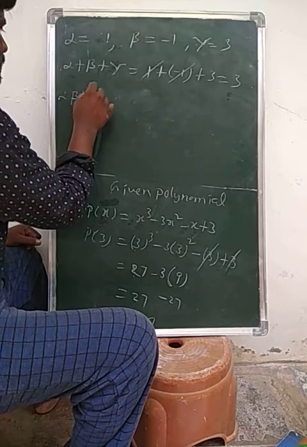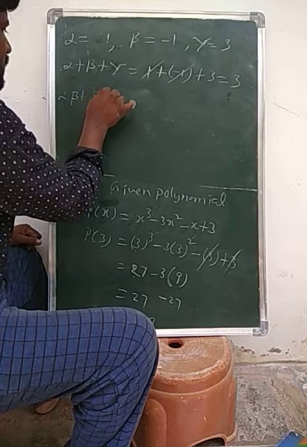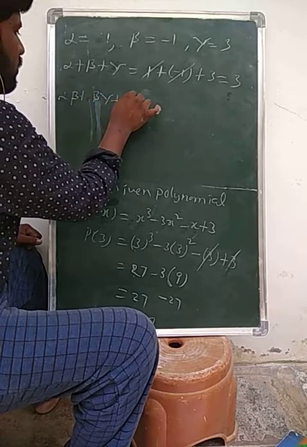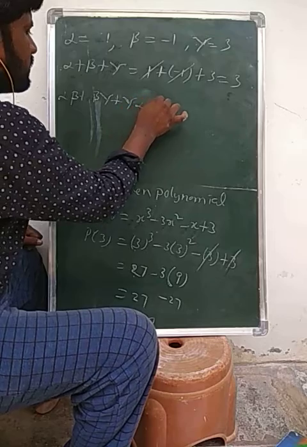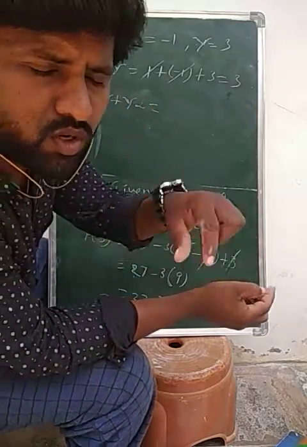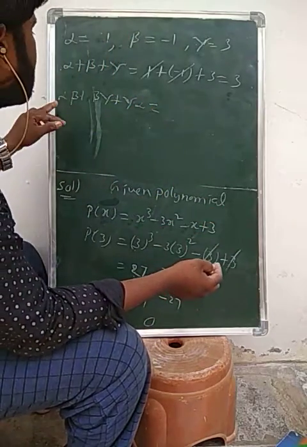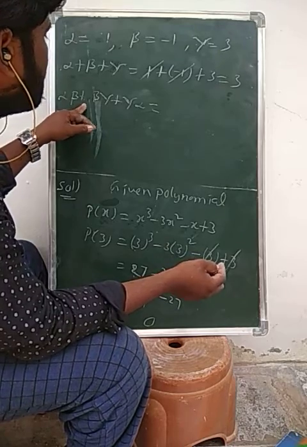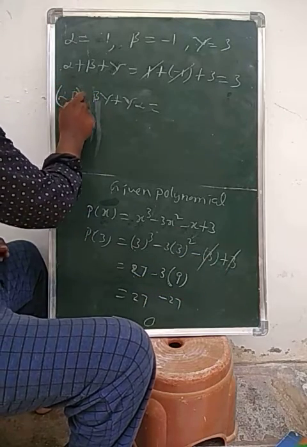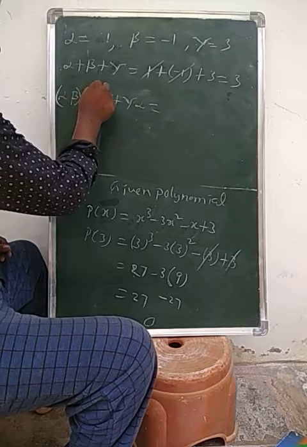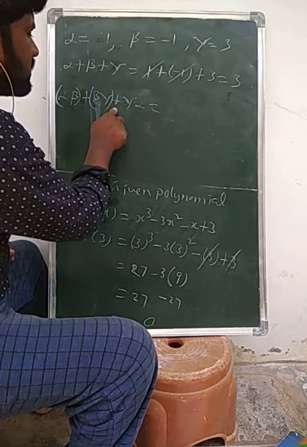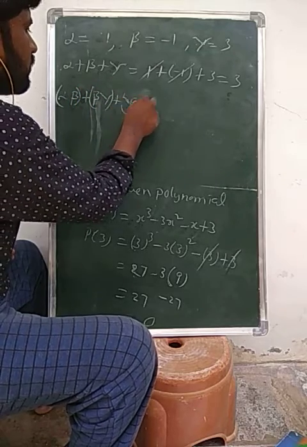And the sum of products of zeros taken two at a time: alpha beta plus beta gamma plus gamma alpha.